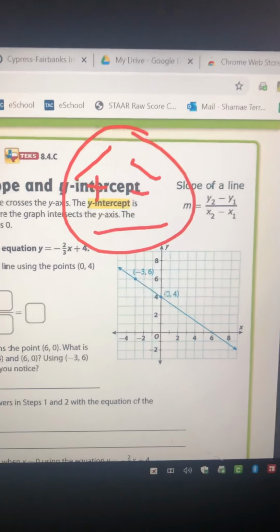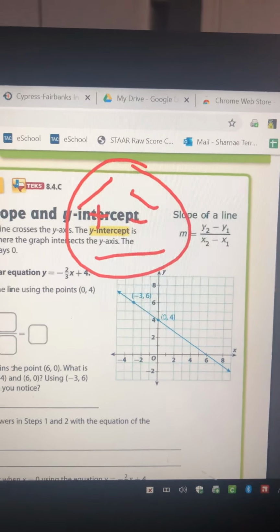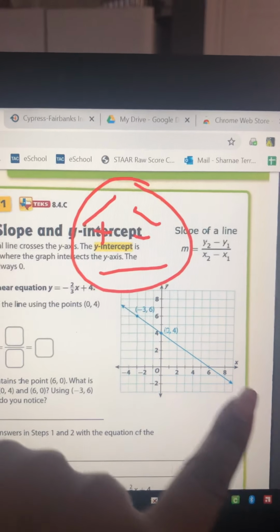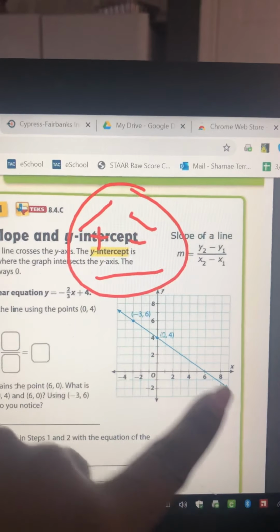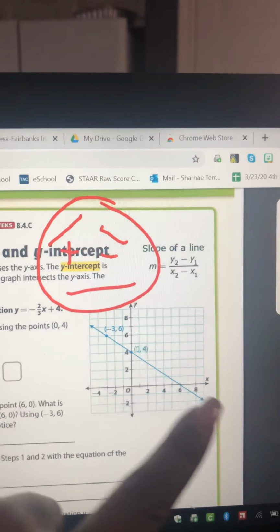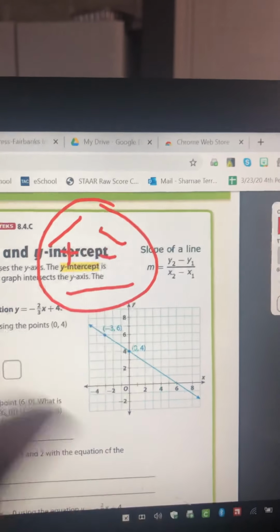So you need to make sure that you're using Slope Man. If my graph is starting on the right side and rising, this looks like Slope Man's eyebrow right here. Look, it's starting on the right and rising to the left. My slope is going to be negative.